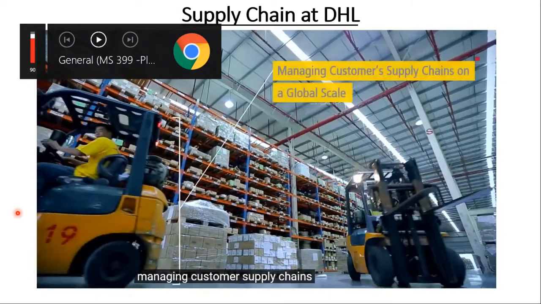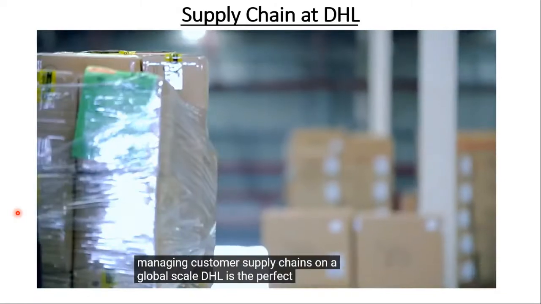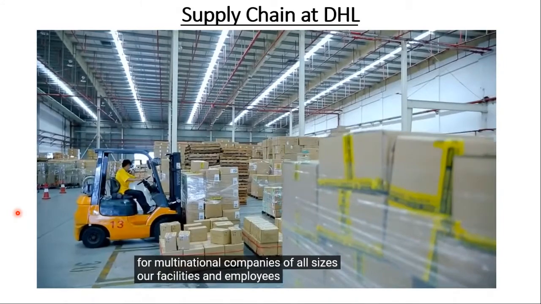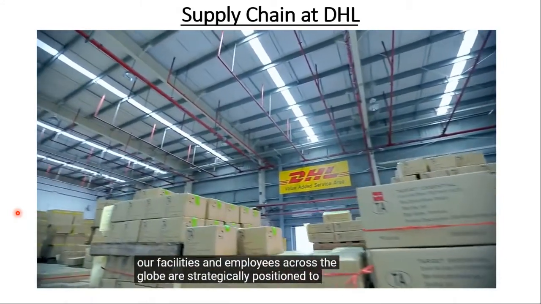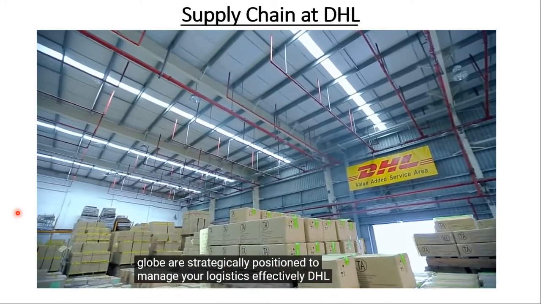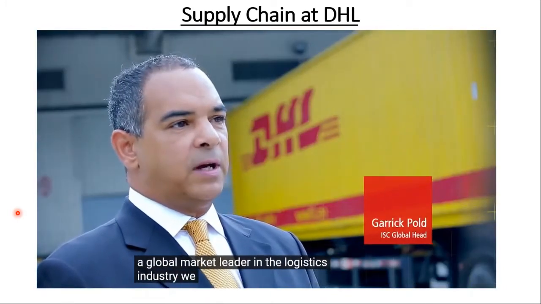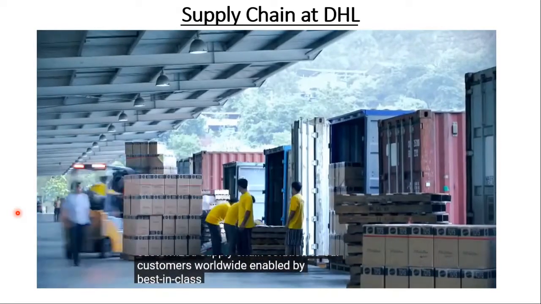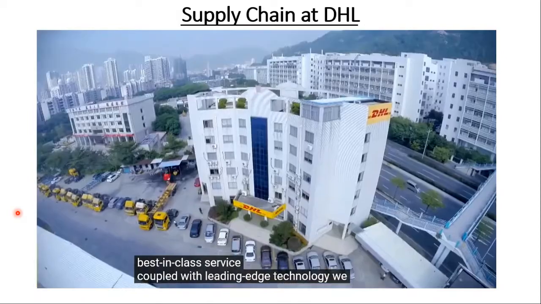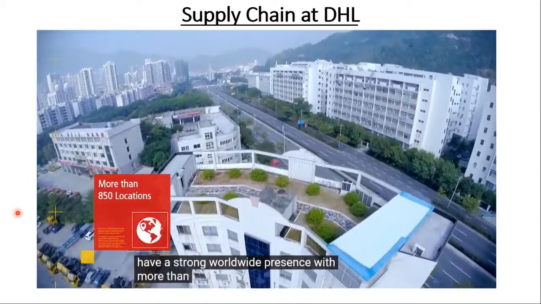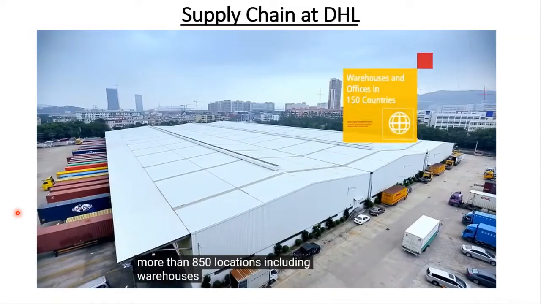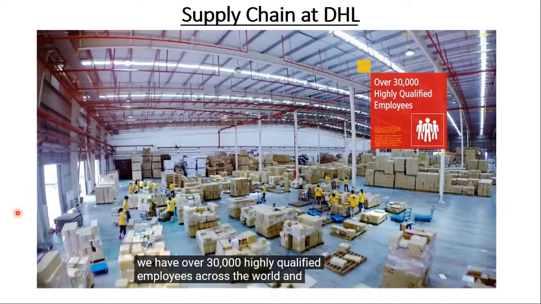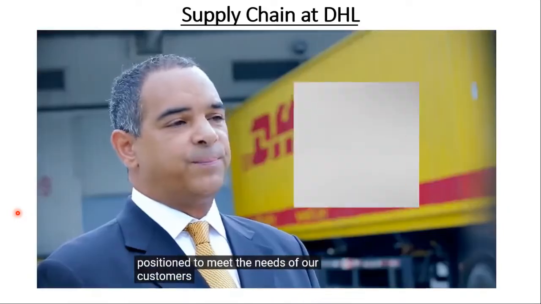Managing customer supply chains on a global scale, DHL is the perfect partner for multinational companies of all sizes. Our facilities and employees across the globe are strategically positioned to manage your logistics effectively. DHL is a global market leader in the logistics industry. We provide innovative, customized supply chain solutions to our customers worldwide, enabled by best-in-class service coupled with leading-edge technology. We have a strong worldwide presence with more than 850 locations, including warehouses and offices in 150 countries. We have over 30,000 highly qualified employees across the world and are well positioned to meet the needs of our customers.